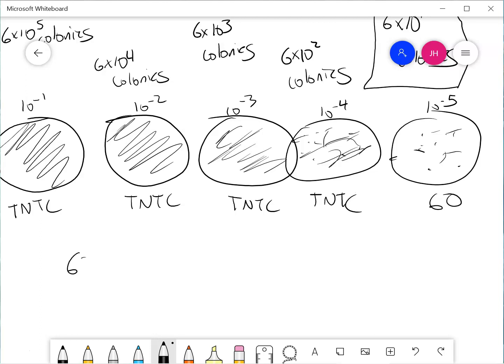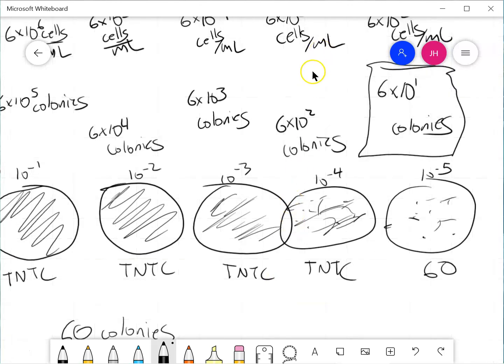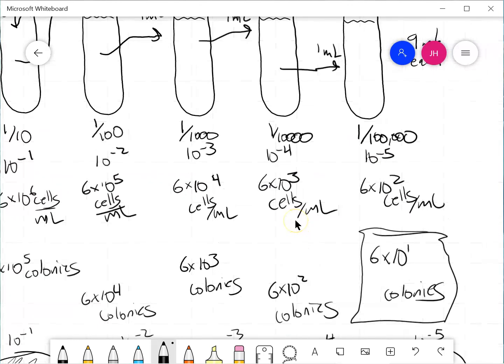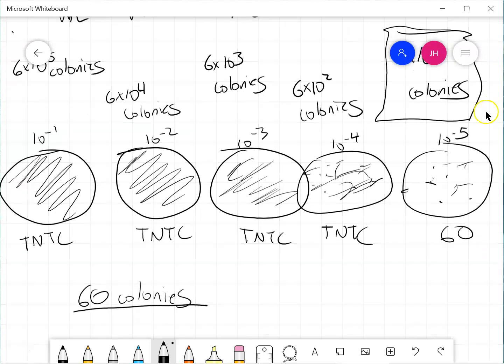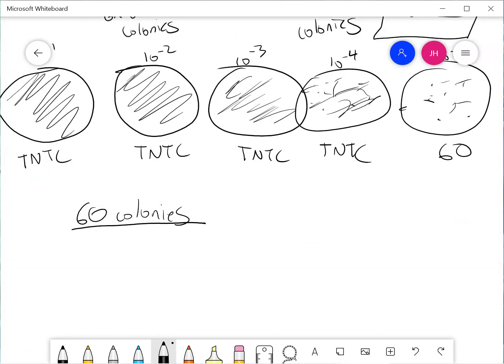So we say 60 colonies, and divide this by the volume that went onto this. So first we're just thinking how much volume from this dilution, and that volume is always 0.1 milliliters. So 60 colonies divided by 0.1 milliliters.